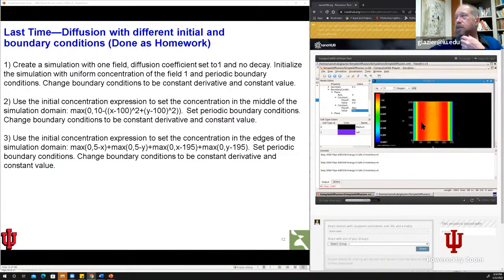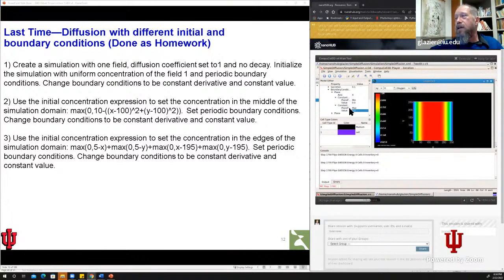Now it's a little bit harder to see, but I'm actually having chemical flowing out the other way, coming out. Notice that the maximum value is still 1 here in the middle, but the value at the boundary is now 0. So I have flow out.